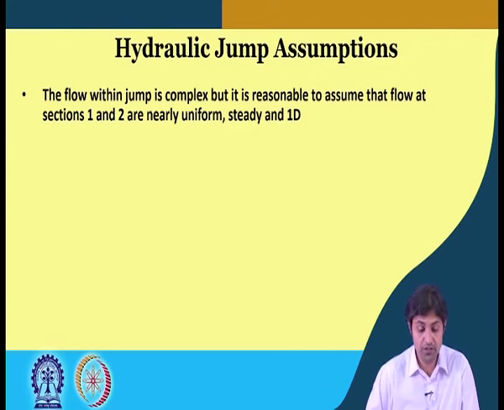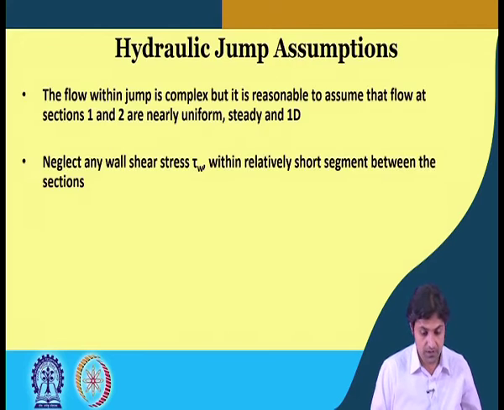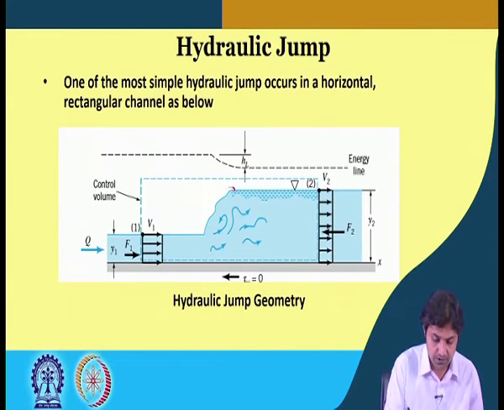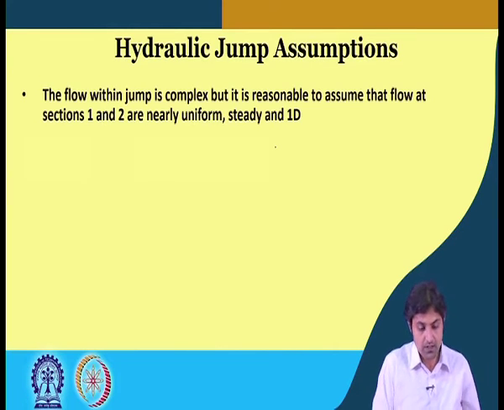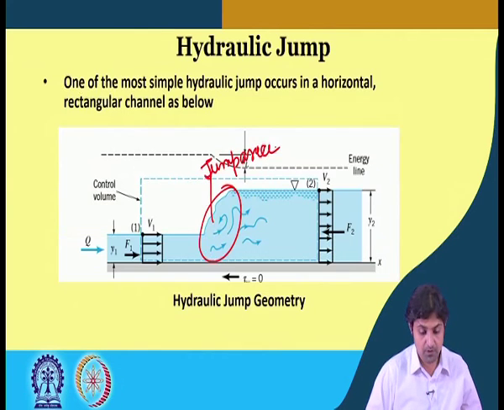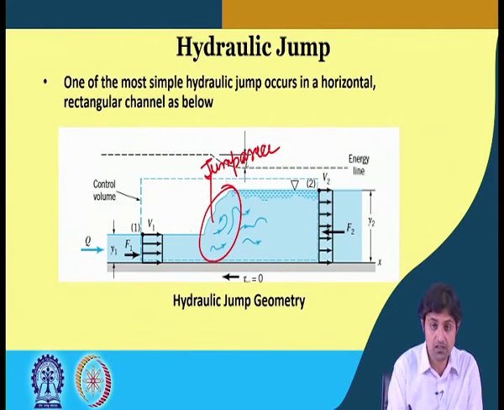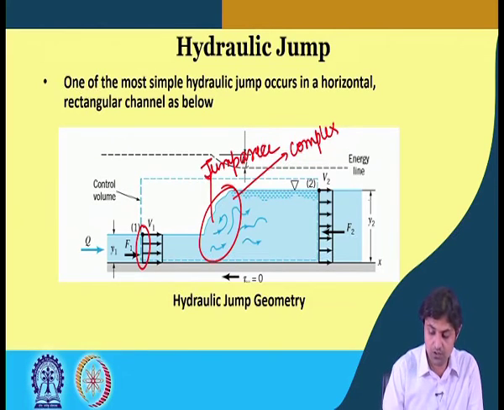So, the flow within the jump. What is this within the jump? This is the jump, this is the jump area. Okay. The flow within the jump is complex, but it is reasonable to assume that flow at sections 1 and 2 is nearly uniform, steady and 1D. So, one of the approximations is that, however, this is a jump and the flow here is quite complex in nature, but we can make the assumption at sections 1 and 2.